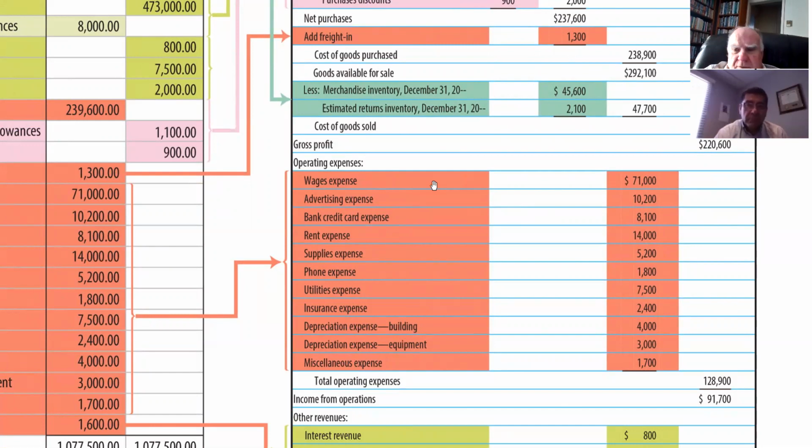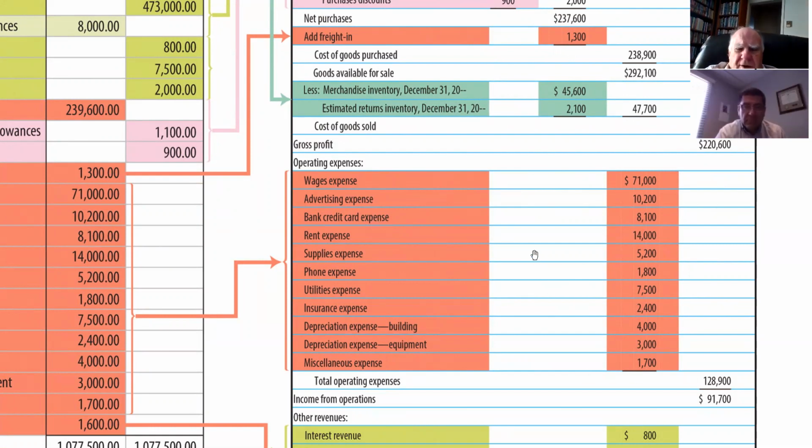I guess to make the presentation a little bit easier, but that $71,000 you see for wages covers the accounting people as well as the salespeople. So look what they're doing here. They're just listing down the various expenses and coming up with the total operating expenses.